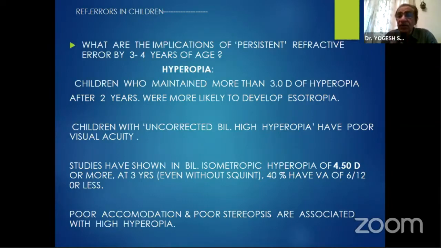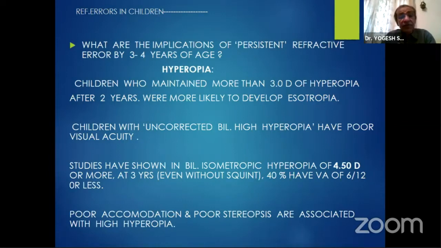What is the PEDIG study? It is a large multicentric study done by the American Association for Pediatric Ophthalmology and Strabismus, and they have formulated some guidelines.